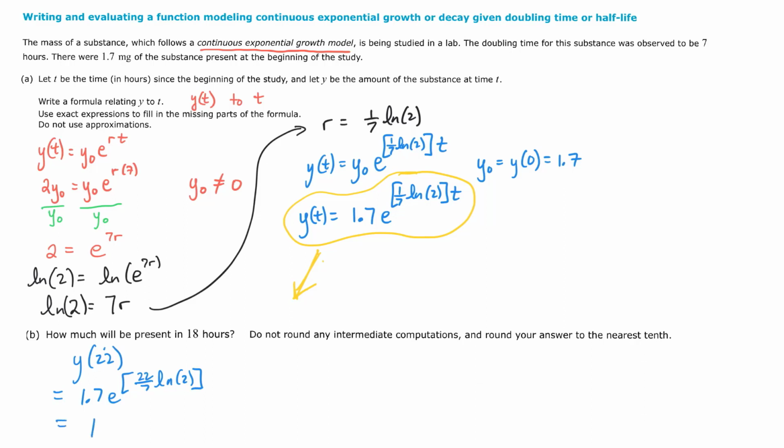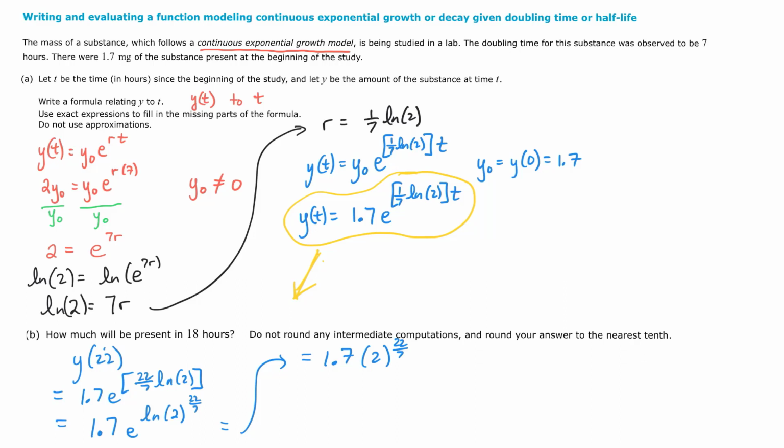That is now 1.7 e to the ln of 2 raised to the 22 over 7. Now using log properties, we know what this expression equals: 1.7 times base 2 raised to the 22 over 7.